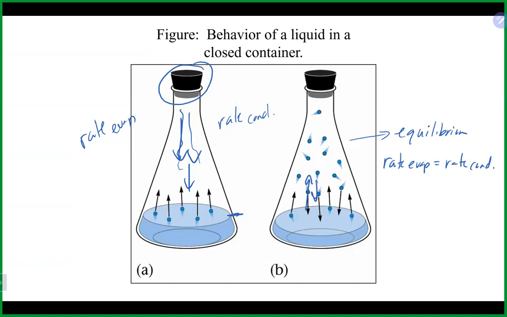It doesn't necessarily mean you have the same amount out and in. It means that as fast as one goes out, one will come back in. That will essentially lock everybody into place. So wherever it is at that point, it will lock how much liquid and how much gas you have in place, because they are just replacing one for one as they go back and forth. So there's not going to be a net change when those rates equal each other.